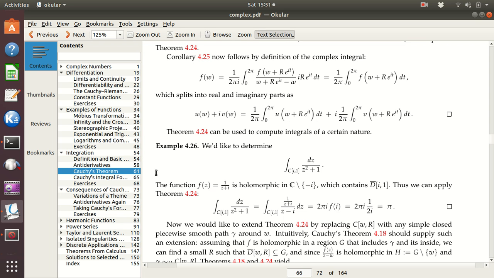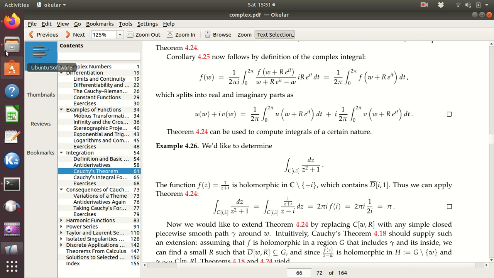We're doing the integral over C, centered at I, radius 1, of dz over z squared plus 1. Okay, so that's what we're going to work on.